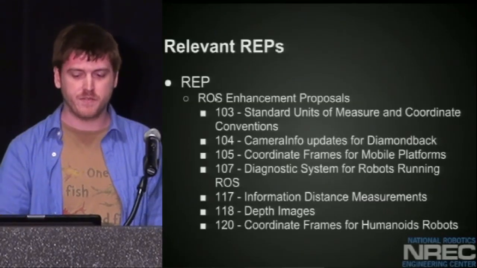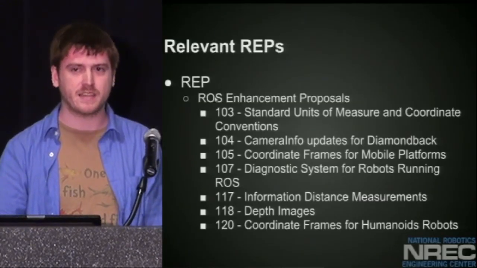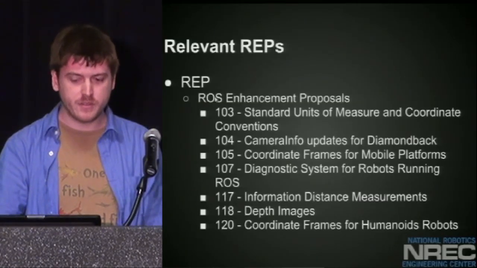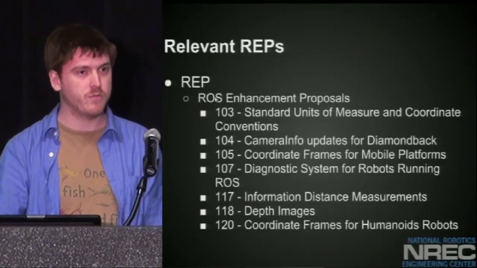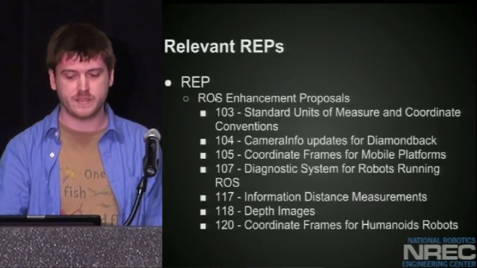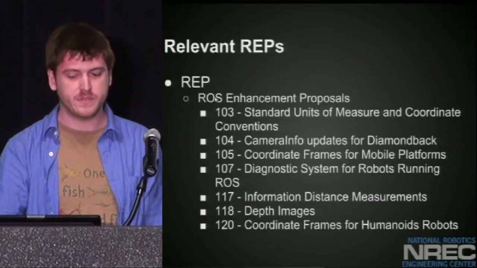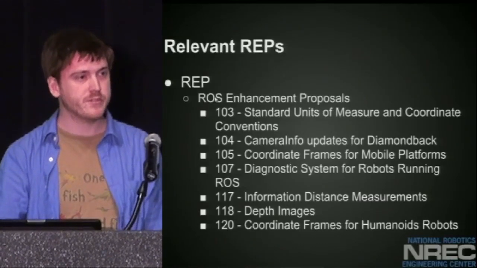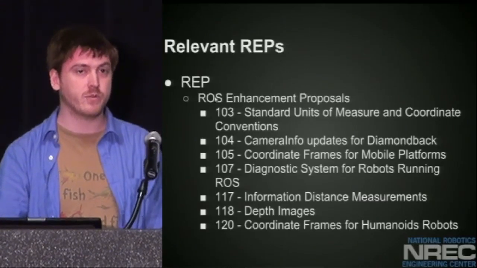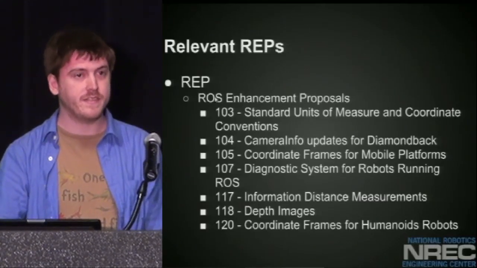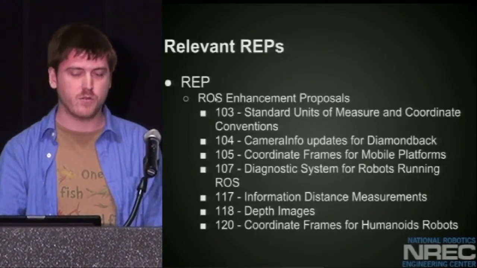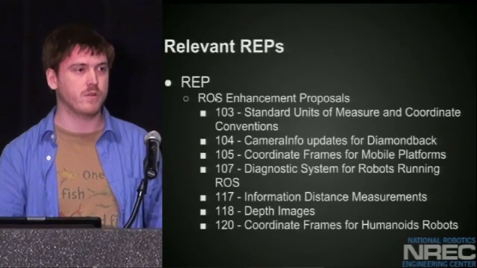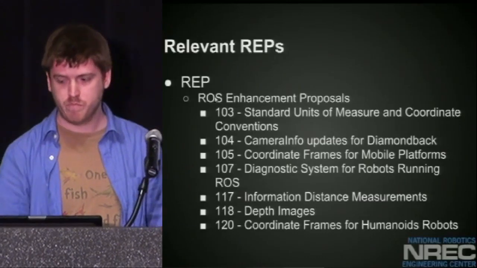So these document the best practices. You have units of measure, camera info for camera calibrations and intrinsics, coordinate frames, diagnostic systems, informational distance measurements, so what to do when you can't report a measurement, depth images for sensors like the Kinect or stereo cameras, and coordinate frames for human robots, for the driver for your humanoid.